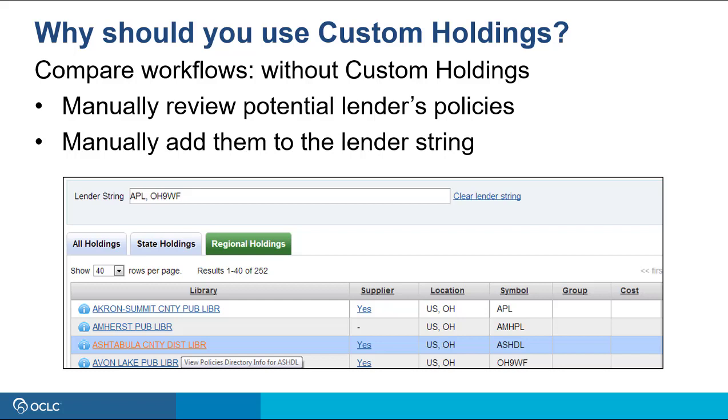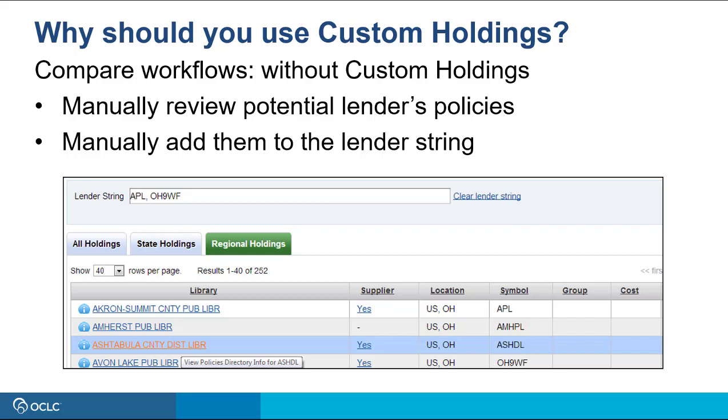First, let's create an interlibrary loan request without using customer holdings. After searching for and finding your item, to create this request, you have to review the OCLC Policies Directory profiles for each potential lender that you want to select.